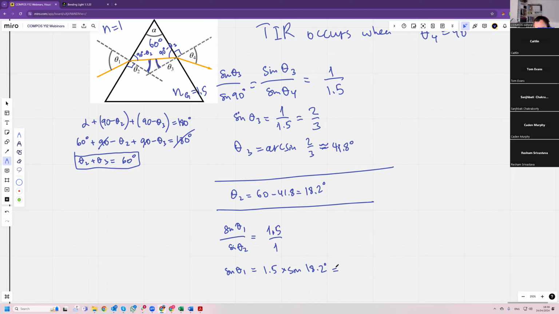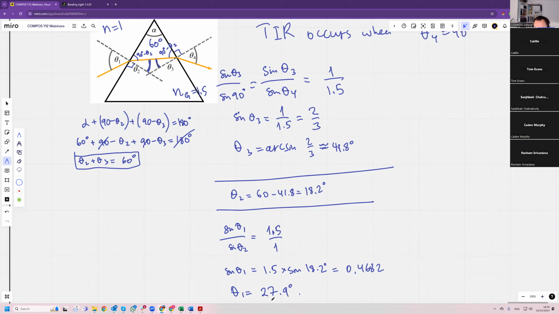the answer, 1.5 times sine, which is 0.4682, and that theta 1 is arc sine of that, which is 27.9 degrees.